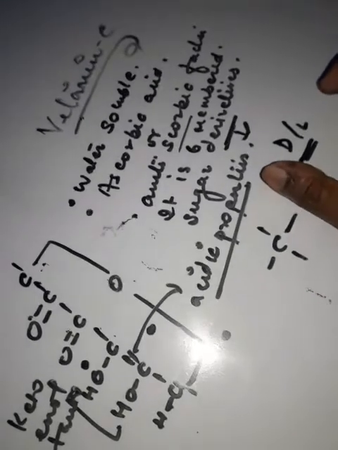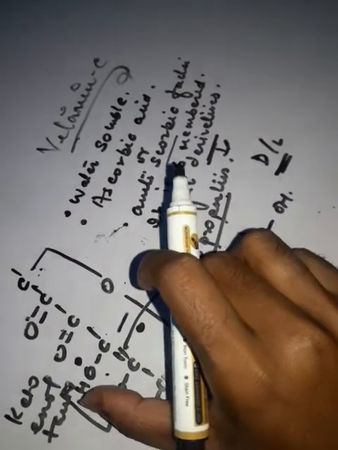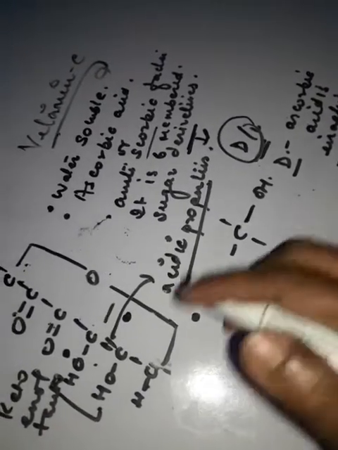So this is D ascorbic acid, this is L ascorbic acid, and if the right hand OH is present, it shows D. So D ascorbic acid is inactive. Why is it inactive? Because the orientation will be different here.